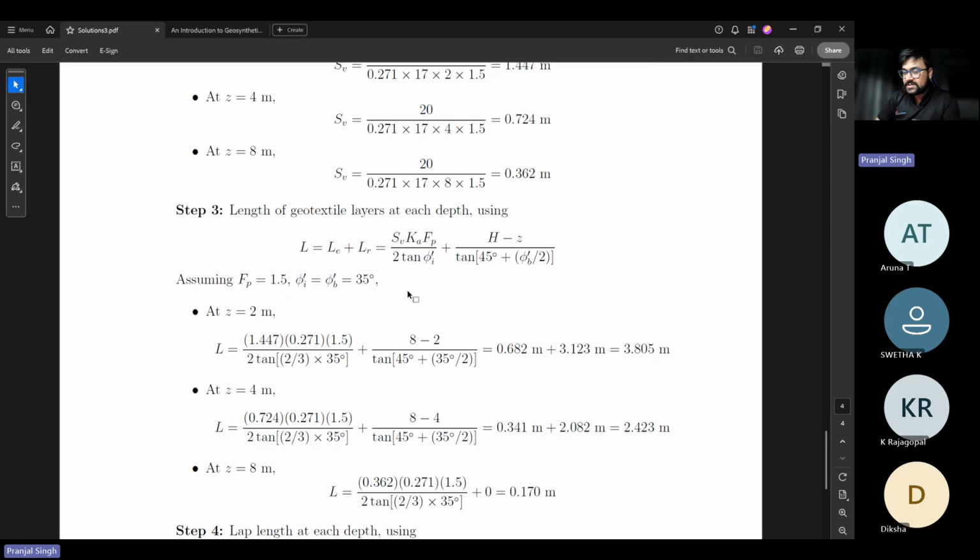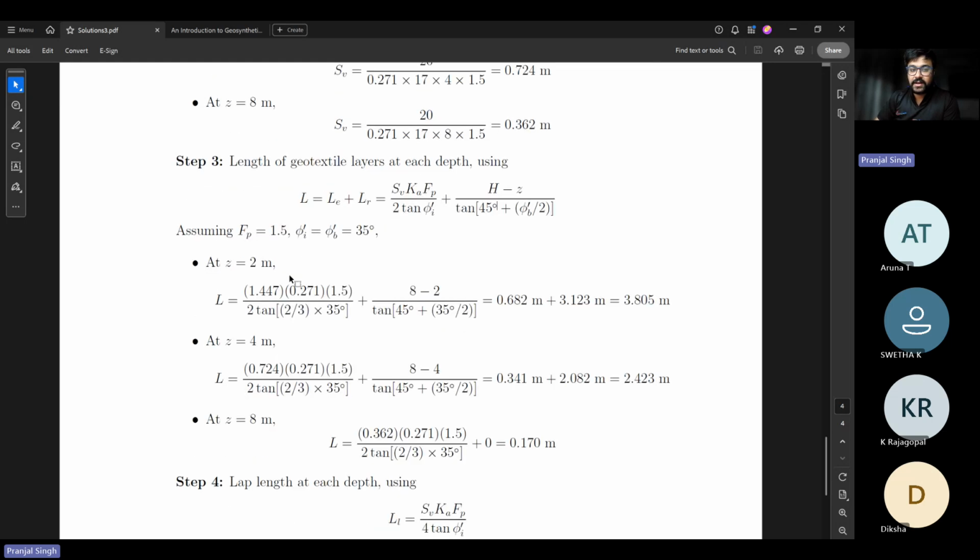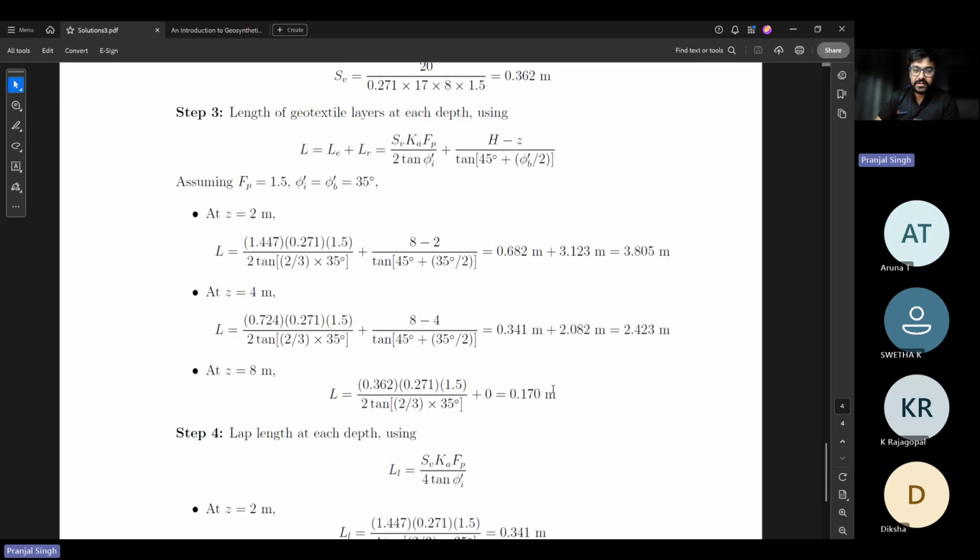Sometimes it can be taken as a lesser value, say 2/3 of the value, as seen in the first example. So in this example, it has been taken as equal to phi b, and based on that you calculate the different values. At 2 meters, you need this, and as you go down, you need lesser reinforcement length.